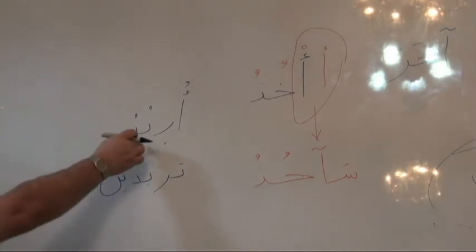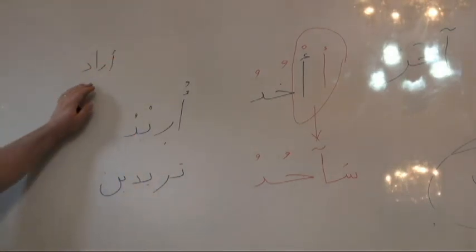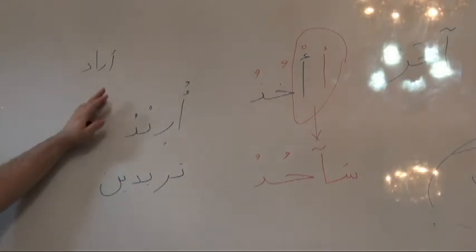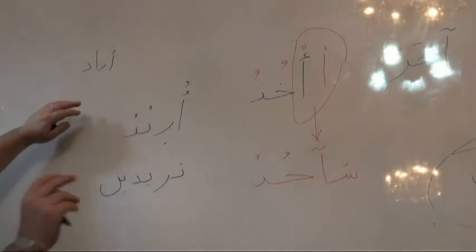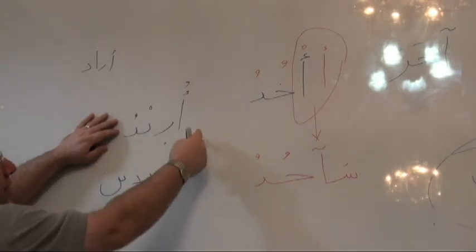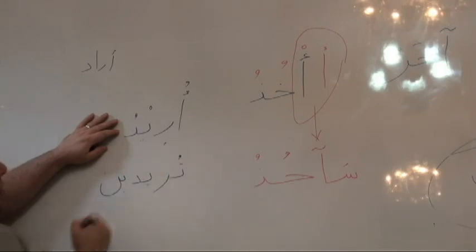In the past it is arada, a different way. This is why I didn't ask you to change it from past to present, because it has another rule. Some verbs don't go under the rule that we learned. So all the first letters should be the same, dhamma. So this is tu.